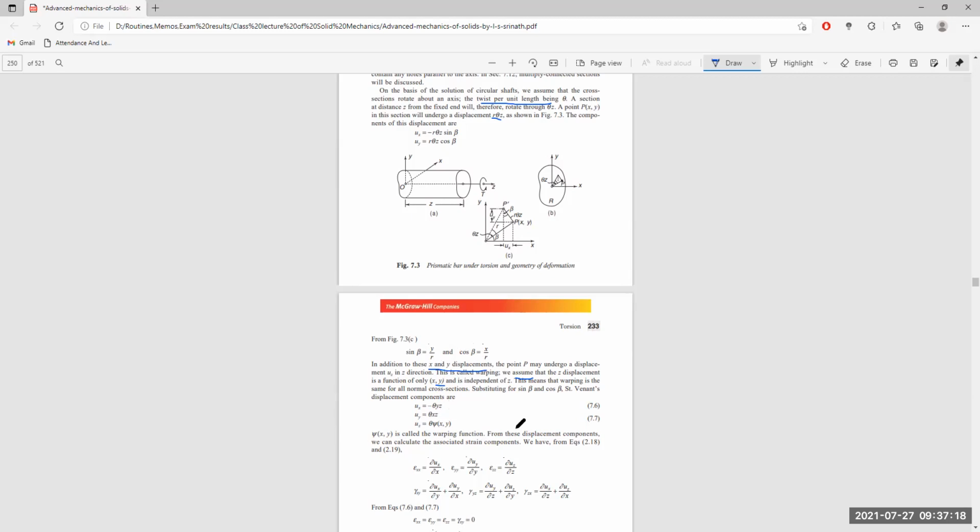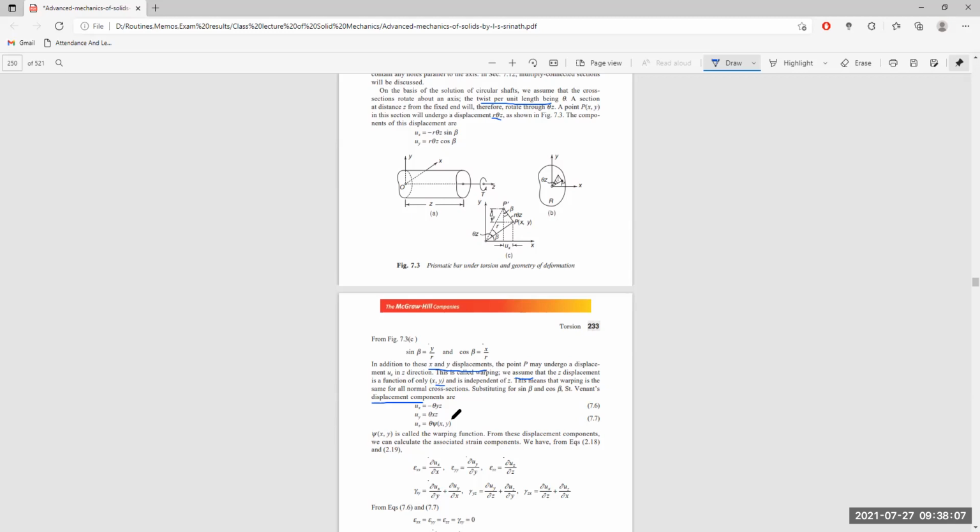From these three displacement components, we can calculate the associated strain components. So we have the displacement components given by this formula: ux equals minus theta y z, uy equals theta x z. Ux is equal to the coordinate y and the angle of twist theta multiplied by z itself. And uy is the same theta multiplied by the x coordinate of the point and by z itself, where uz, the vertical one, is theta multiplied by a function of x and y, the relation of x and y in terms of a mathematical function.